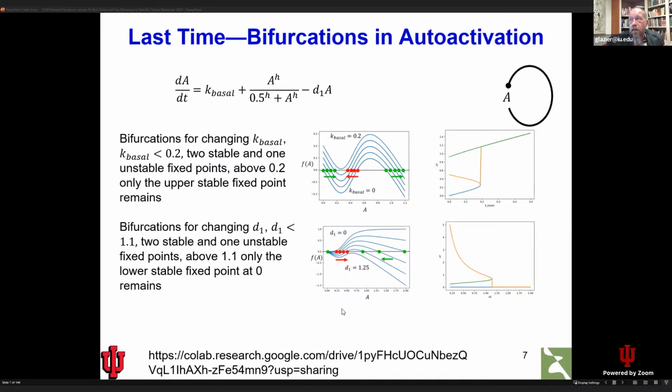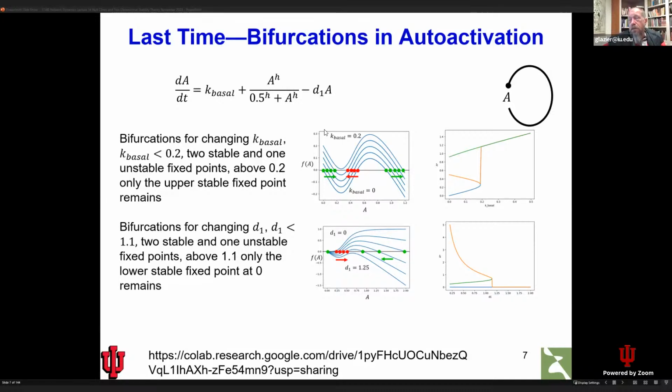And then we analyzed the auto-activation circuit, which we've worked with quite a bit during this semester. And we plotted the rate law on the right-hand side of the equation, changing the value of K Basel, which moves the whole line up and down, and changing the value of D1, the decay rate.